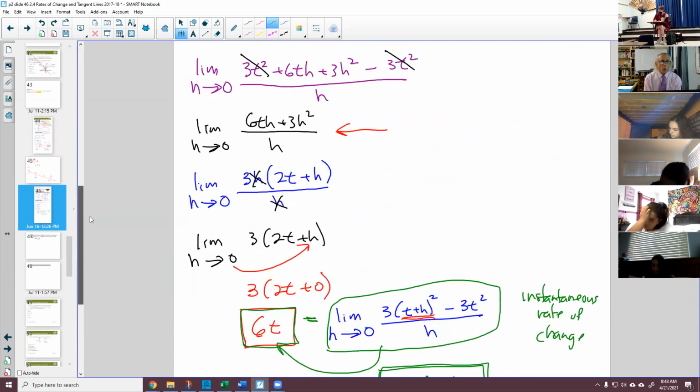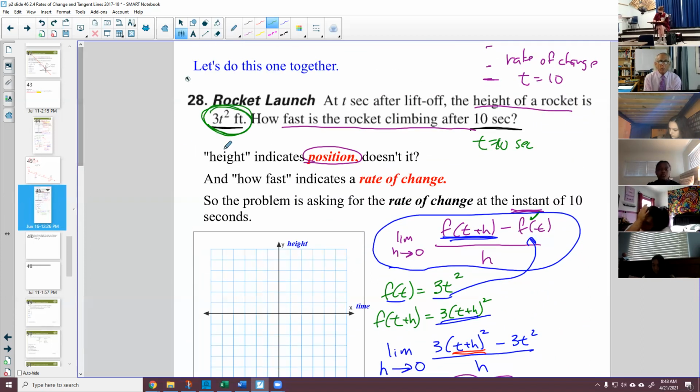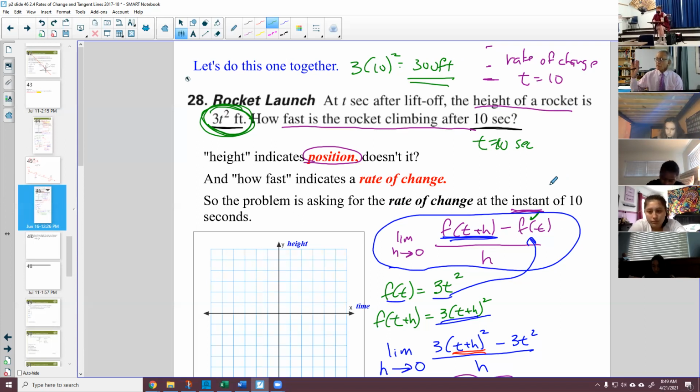But if I want to know how high it is off the ground, I come back to my original function, and that's 3 times 10 squared, which is 300 feet. So the rocket is 300 feet off the ground at t equals 10 seconds. Make sense?